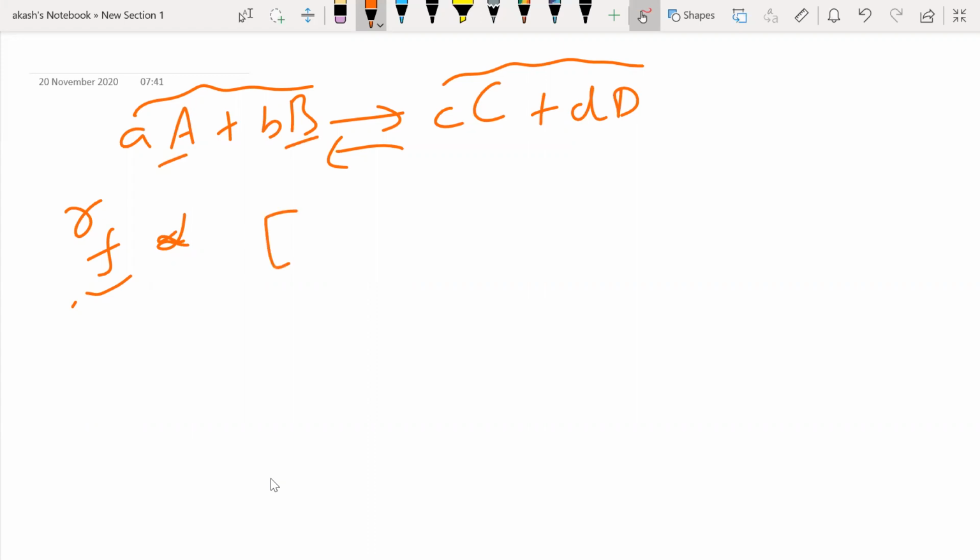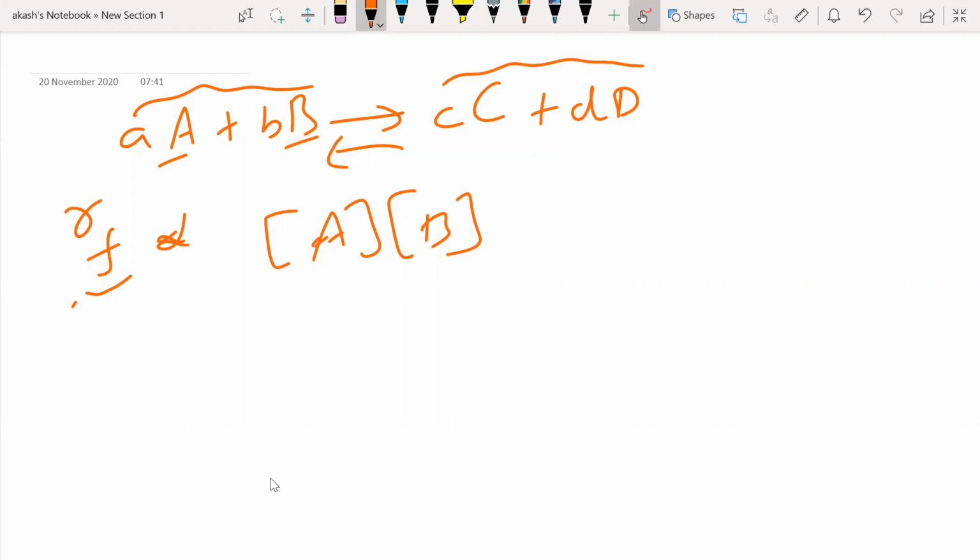So I have to multiply their concentrations: concentration of A into concentration of B. That's what it said, product of active masses of the reactants. But that's not all. You have to raise the powers, the product of active masses of reactants raised to the powers of their stoichiometric coefficients. So individually you have to raise the powers.